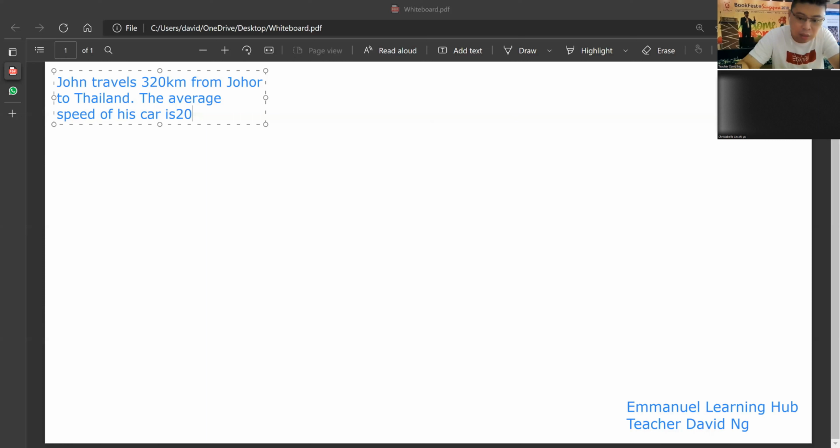20 km per hour more than the average speed of a coach.